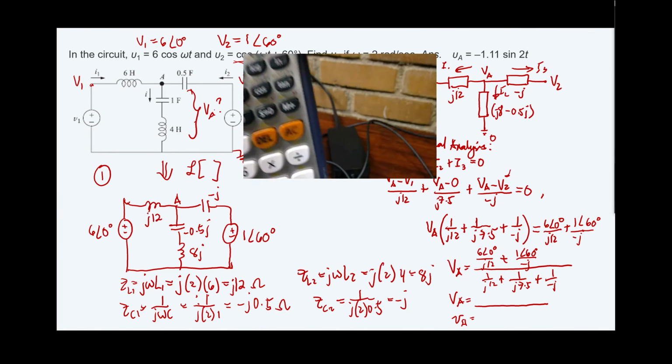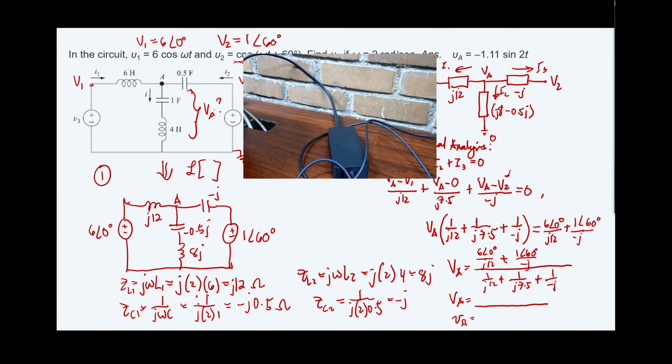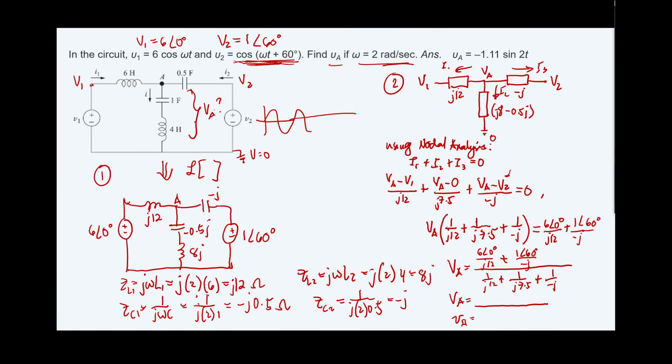Okay, so we're going to write this in our answer. So you have 1.11, then angle 90 degrees. Now take note, the final answer is in cosine because your sources are in cosine, right? So the answer should be 1.11 cosine 2t plus 90 degrees.